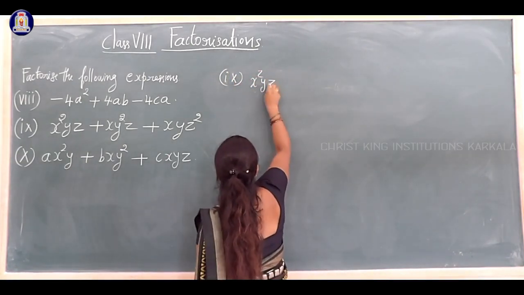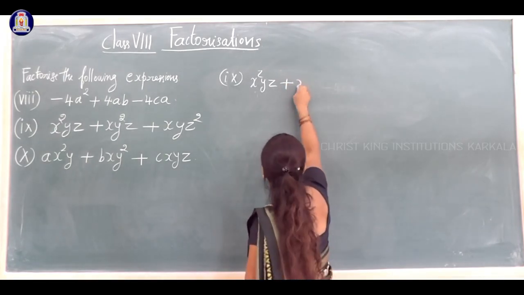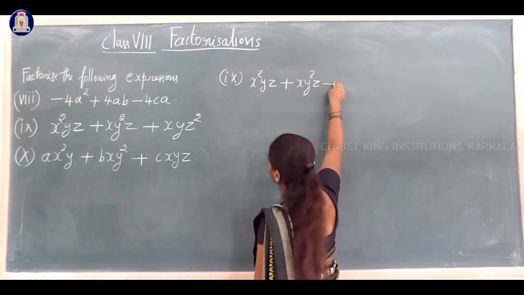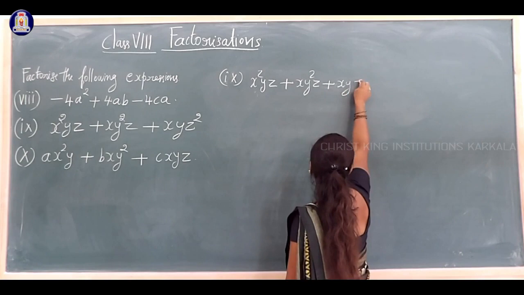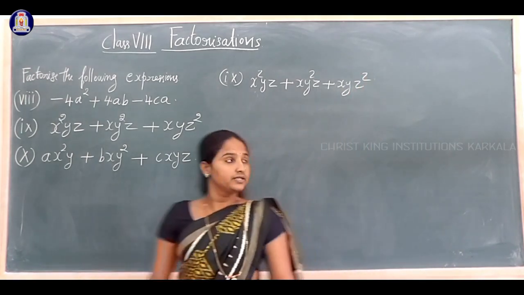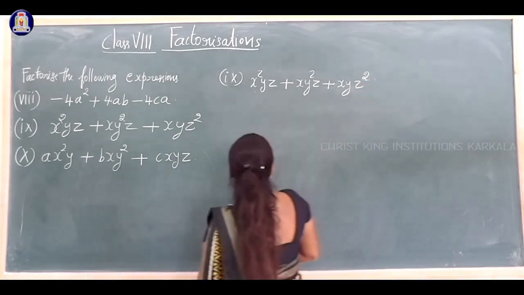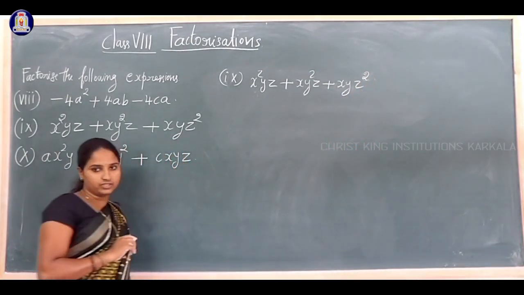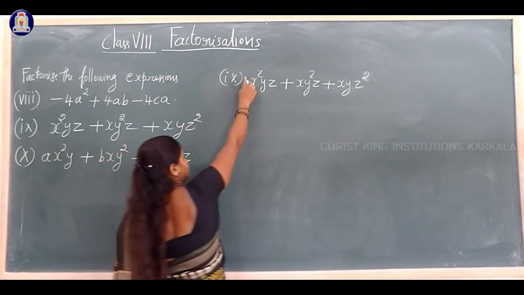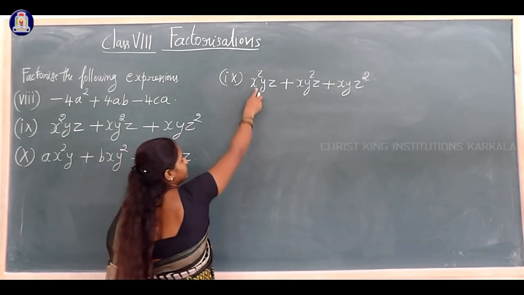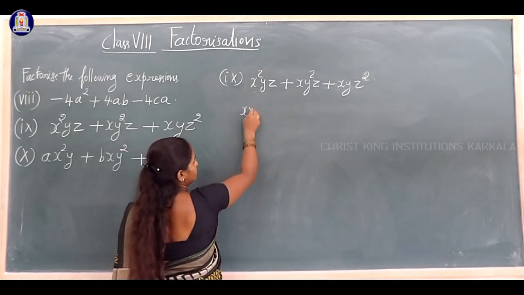Now if you see the 9th question, x square yz plus xy square z plus xyz square. In this, all the variables are given, there are no coefficients, isn't it? So that means the coefficient is 1. Now x square means x into x.